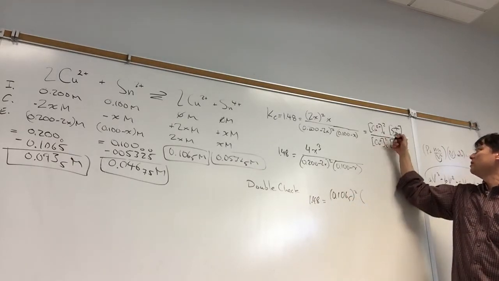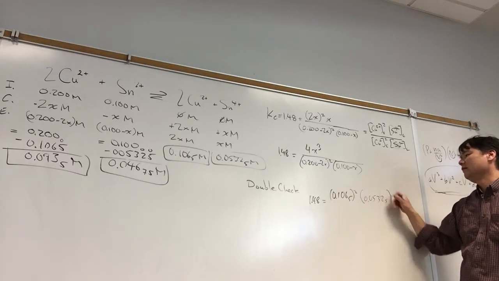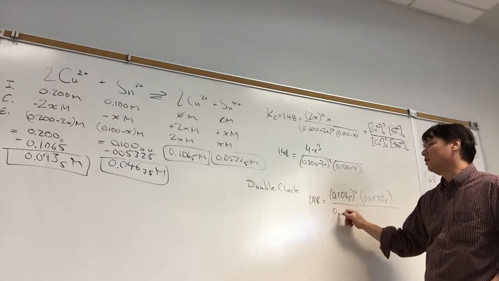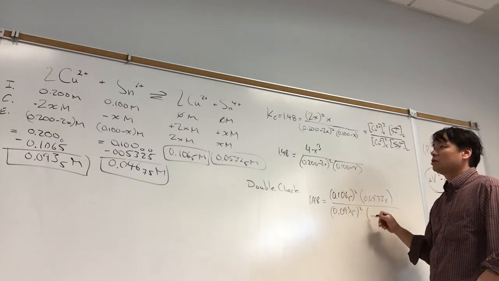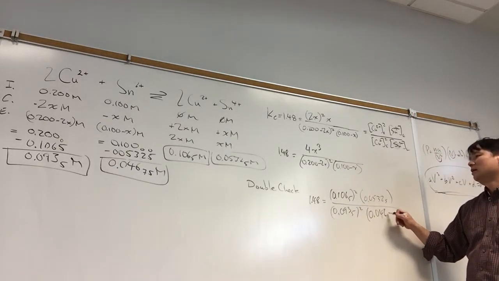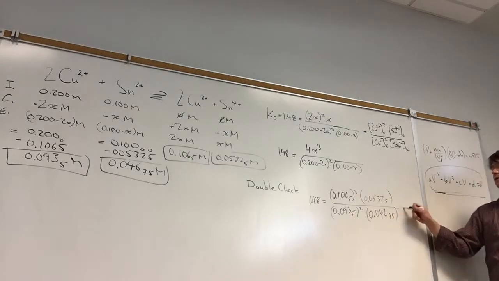The concentration of tin 4 is 0.053225. The concentration of copper 2 is 0.0935 squared. The concentration of tin 2 is 0.04675. And so, can somebody double check this?